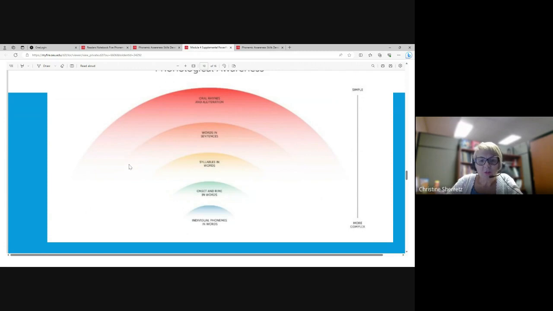When children first start learning to read and they look at oral language, phonological awareness includes things like oral rhymes and alliteration. This is why we do a lot of nursery rhymes. Students need to know about rhymes. Alliteration is: the lazy lizard lays on the lily pad.